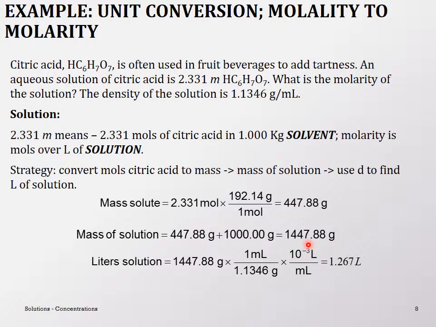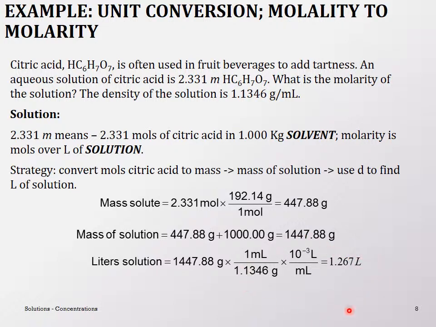So I would suggest that you don't round off anything. Keep it up to 5 or 6 significant figures until you get to the final answer. If you start rounding off here to 4 significant figures, your answer is going to be different from what it should be. So please don't round off until you get to the end of the answer.